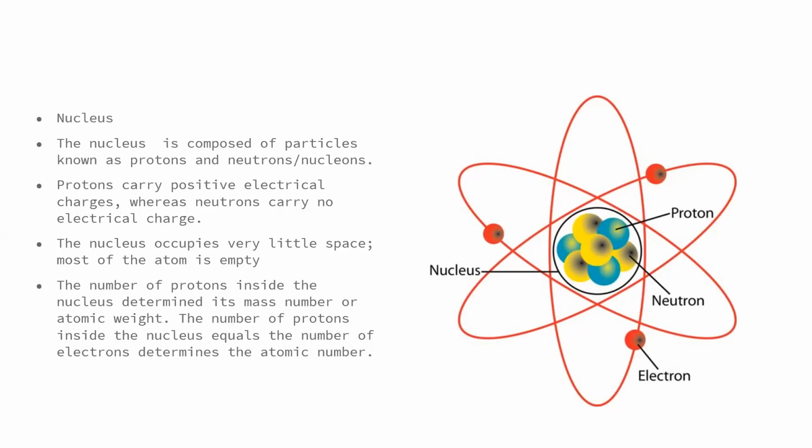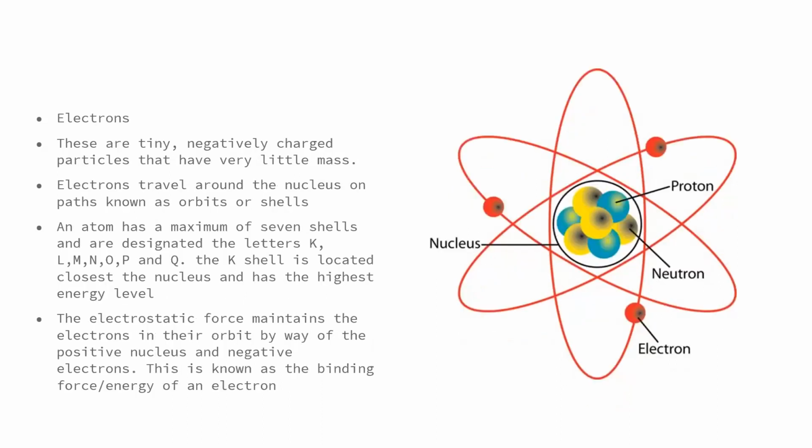And the neutrons are neutral, as the name implies, right? So the number of protons inside the nucleus determines its atomic number. You have the mass number or the atomic weight, right? The number of protons inside the nucleus equals the number of electrons, which determines the atomic number.